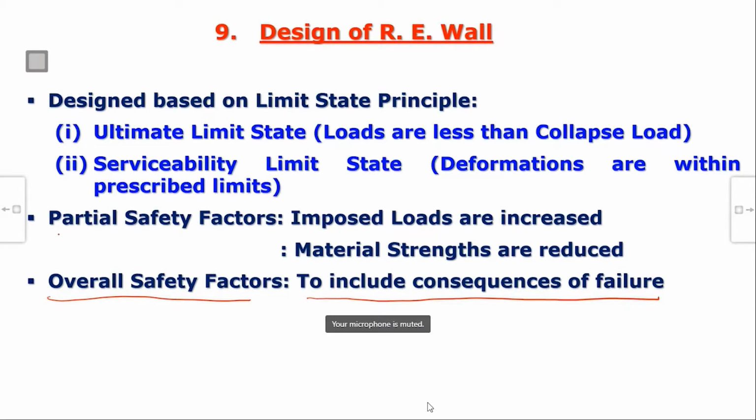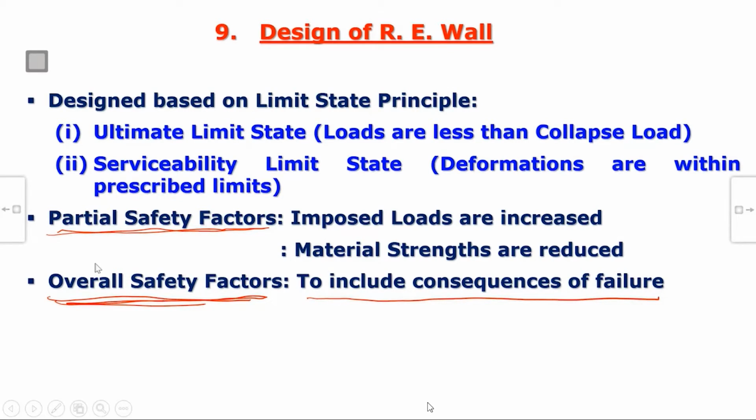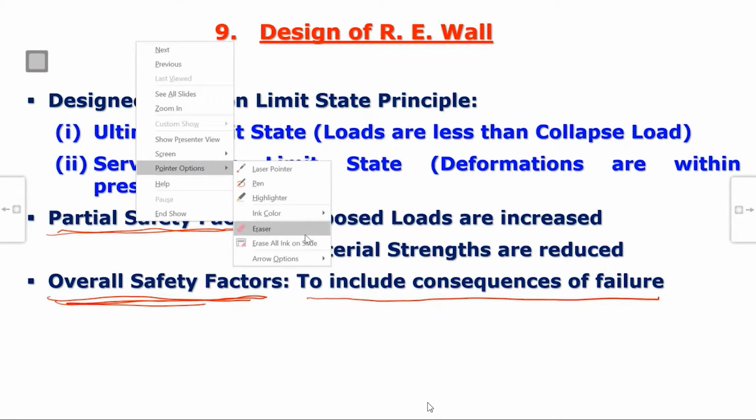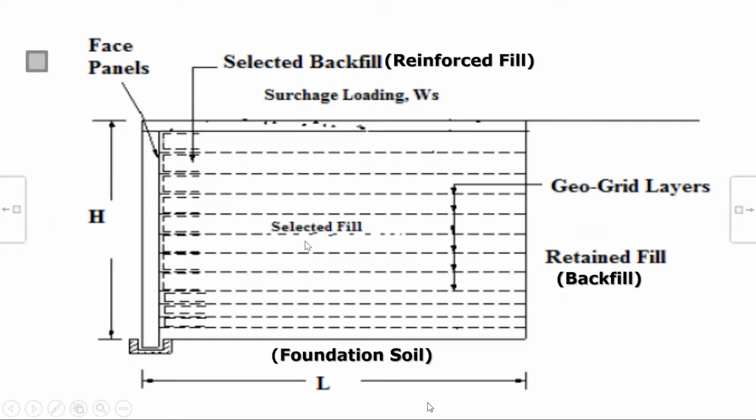So we must take from there the partial safety factor and overall safety factor. While analyzing any particular mechanism, either external or internal, for materials and loads, we will use these factors, and after analysis, the safety factor you get will be compared with the overall safety factor. This is the basic philosophy followed in this.